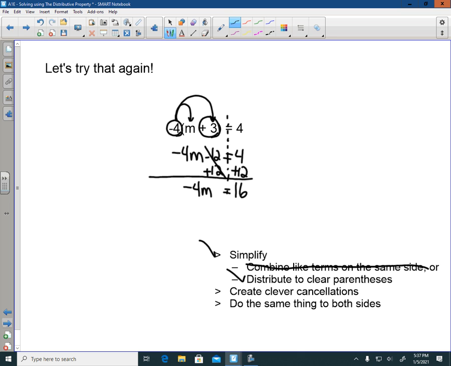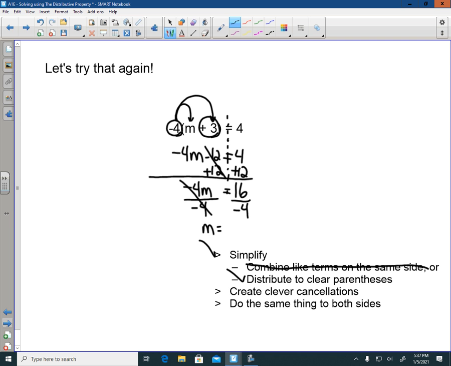And now we're going to have to create another clever cancellation because the m is not by itself. We have -4 times m, so we'll divide by -4. Make sure you divide by -4 because you want to get rid of the negative as well, and make sure you do the same thing to both sides. These -4's cancel, and you have m equals 16 divided by -4.